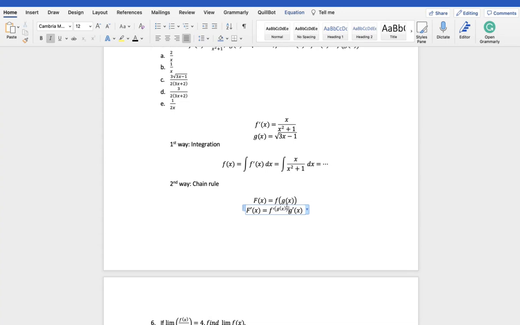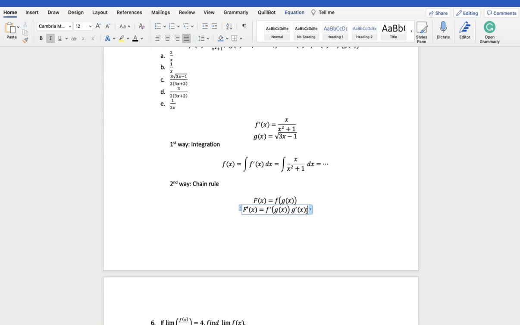So using the chain rule, you take the derivative of the outside function multiplied by the derivative of the inside function, which is g of x, and then multiplied by the derivative of just x, which is 1, right?